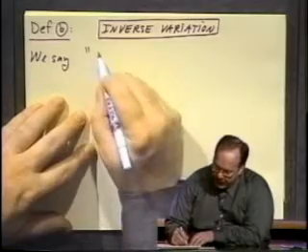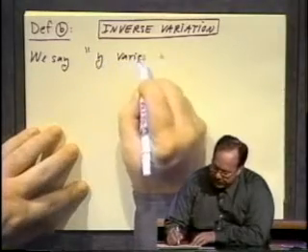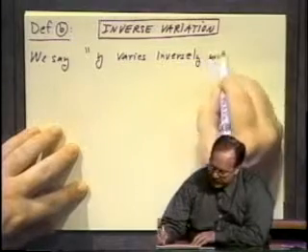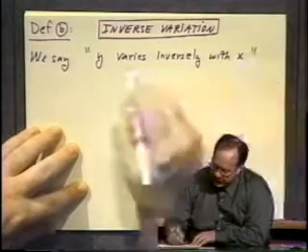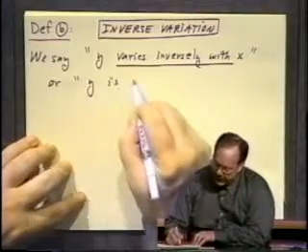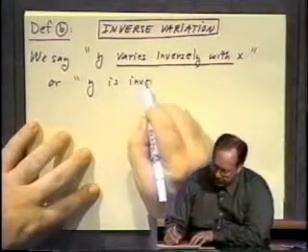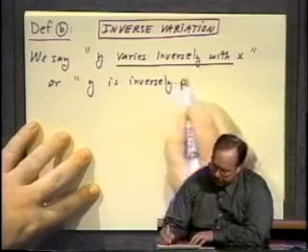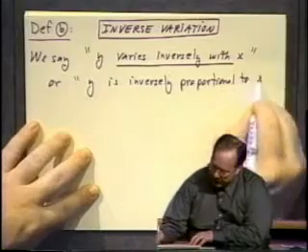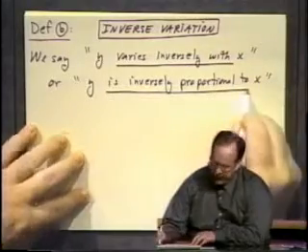We say y varies inversely with x, as opposed to directly with x. Y varies inversely with x, or we say y is inversely proportional to x.